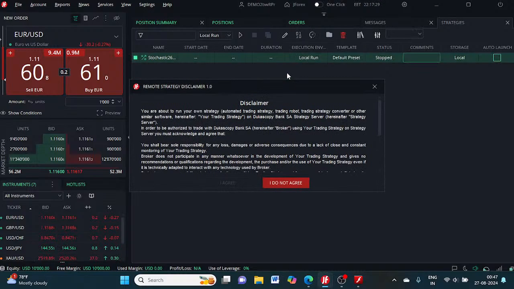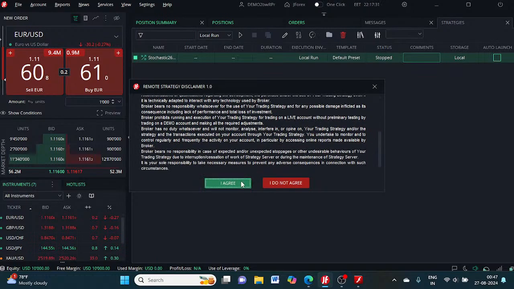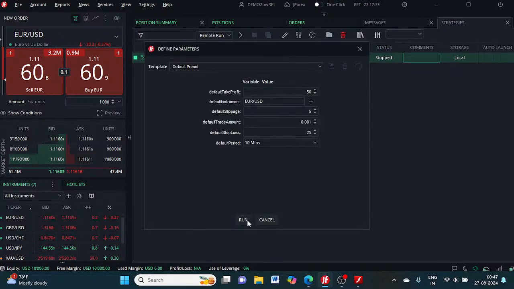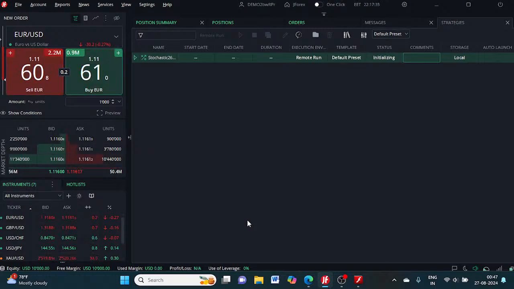We can set it for the remote run or local run, and it will keep running on the remote server or local server as you have defined. Now I have chosen to run it on the remote server. So you will see that I don't need to be in front of the system from here onward.